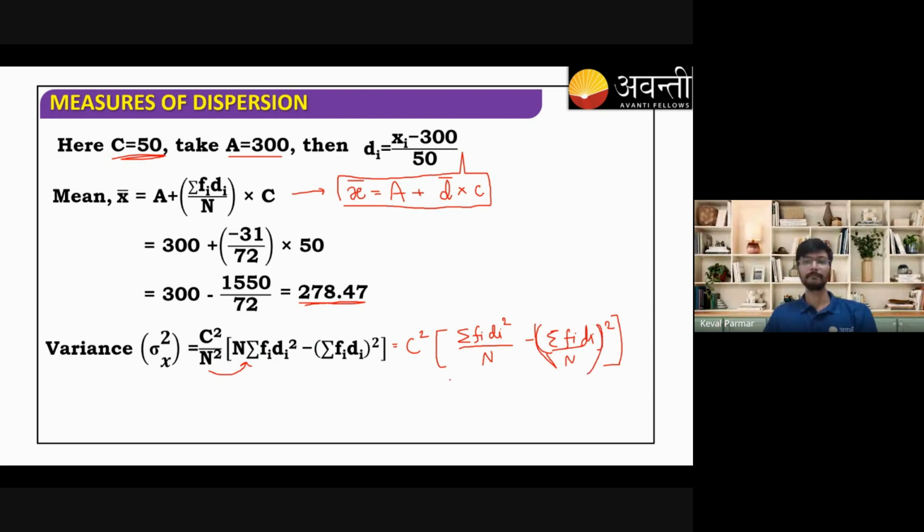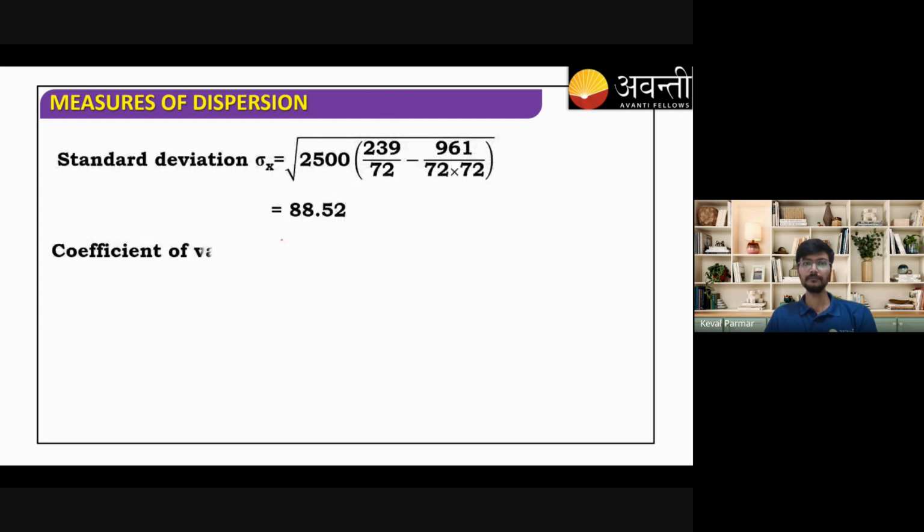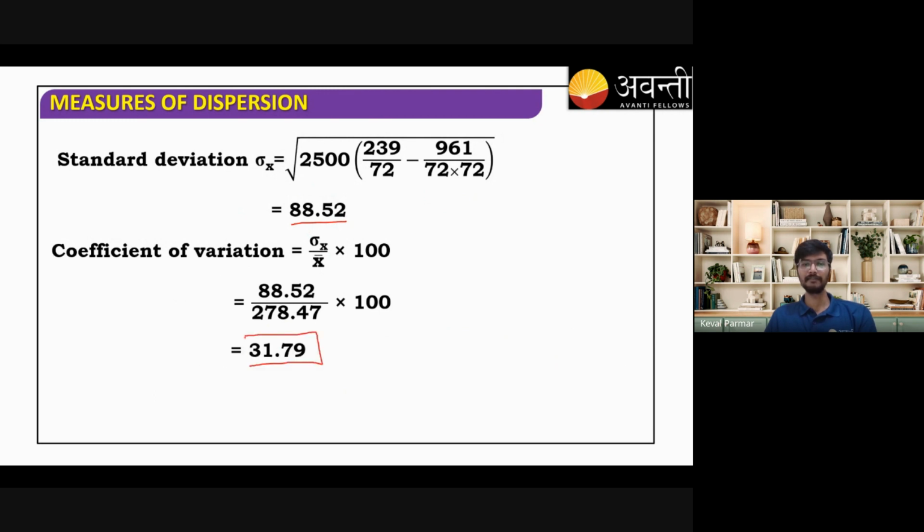It's the same thing, no worries. Which comes down to 88.52. Coefficient of variation is sigma upon x bar into 100. 88.52 upon 278 into 100, which is 31.79. Simple. Correct? So we got the coefficient of variation here. There is no need to compare the two data as we only have one data.